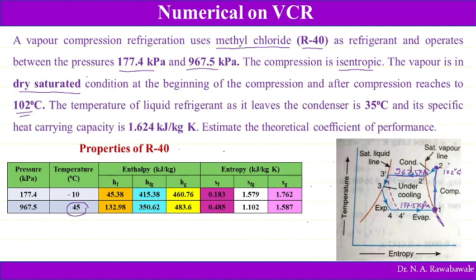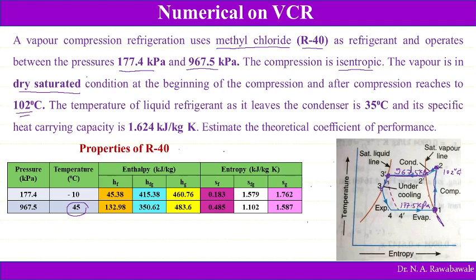But when the condensation process goes from point 2 to 2 dash, then it comes to 3 dash. So actually when it becomes saturated liquid, we expect that it is passed into the throttling valve. But instead, it is undercooled.